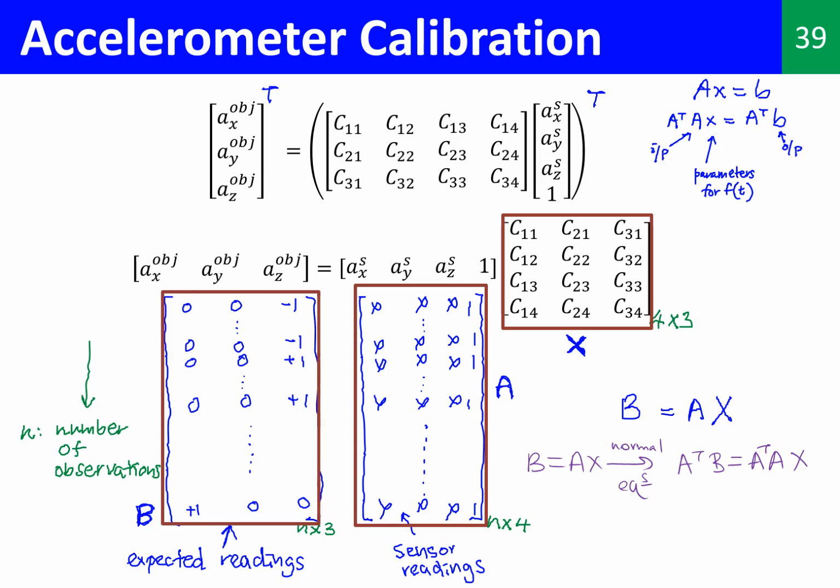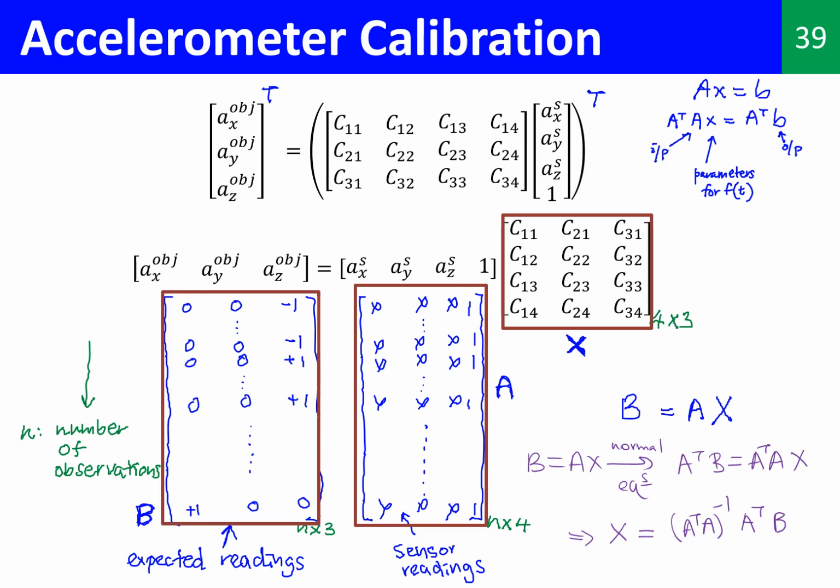So we have X equals A transpose A inverse times A transpose B. In fact, this X is our calibration matrix, right?